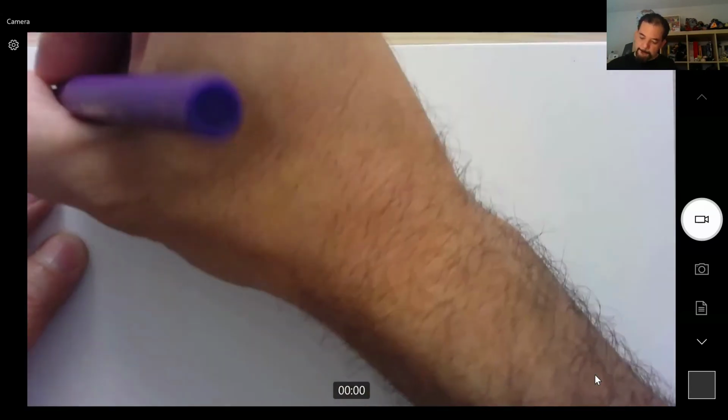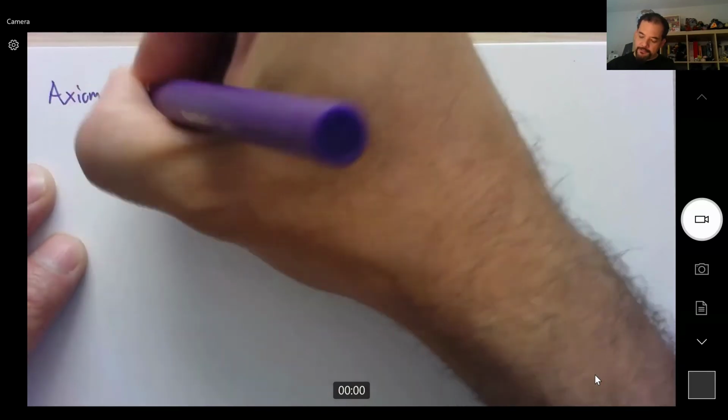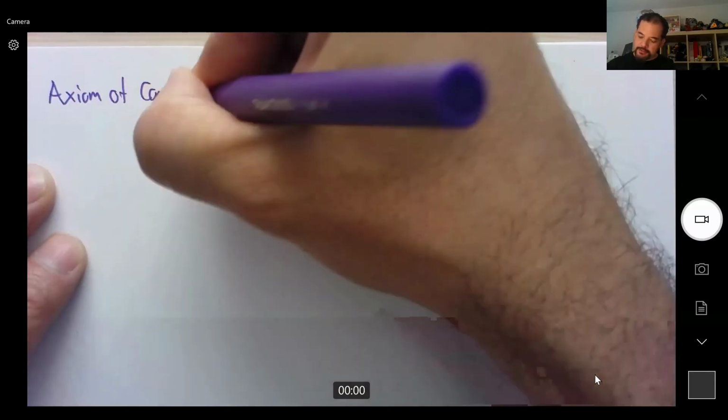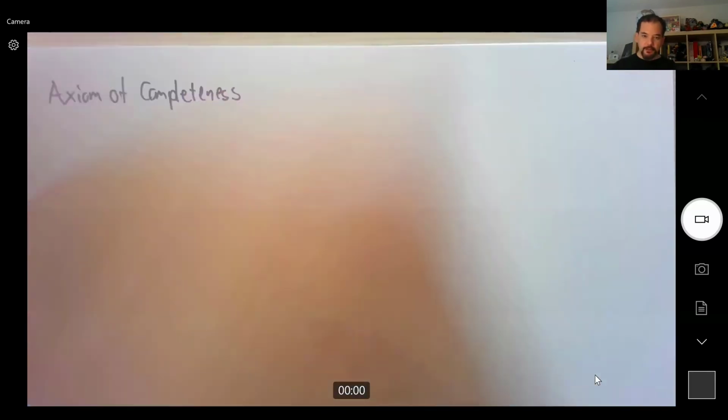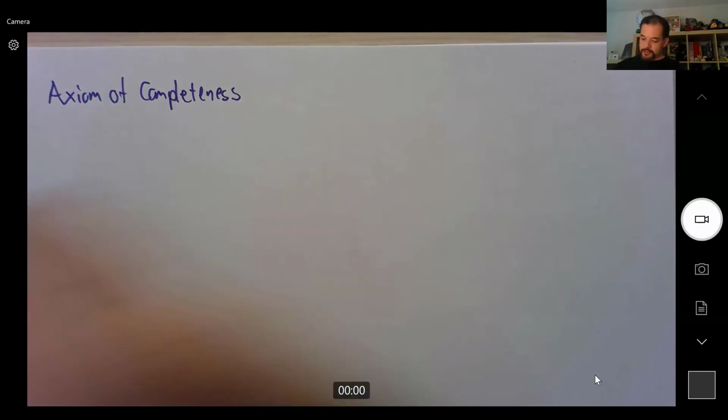The axiom of completeness. All right, so here it is. This is what it says.